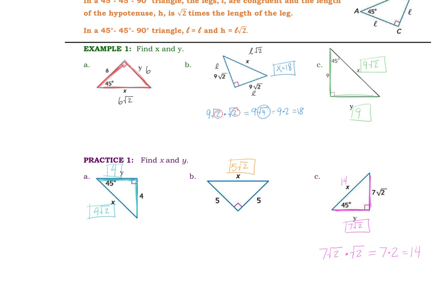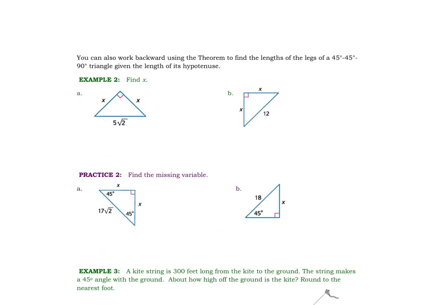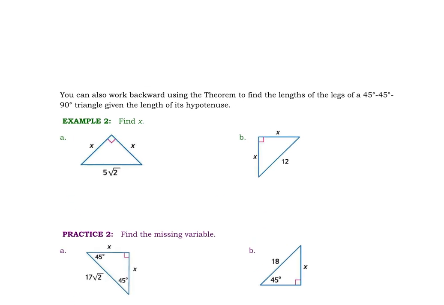All right, moving on. Next example. We can also work backwards, right? So using the theorem to find the lengths of the legs of the triangle given the length of its hypotenuse. What we did to get from a leg to a hypotenuse was multiply by radical 2. Well, the opposite of multiplying by radical 2 would be dividing by radical 2, right?